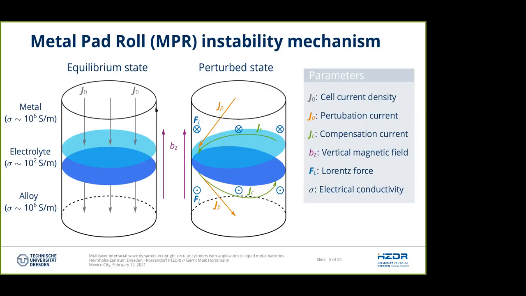So we can consider an idealized situation where we have a purely vertical charging current. In practice, we cannot attain such a perfect current density, but let's just consider a perfect homogeneous current density in the cell, and we have some external magnetic field.